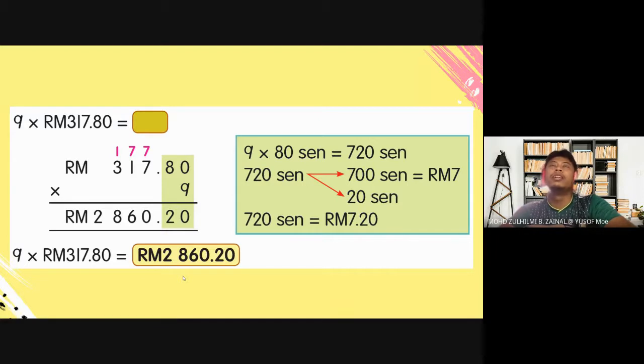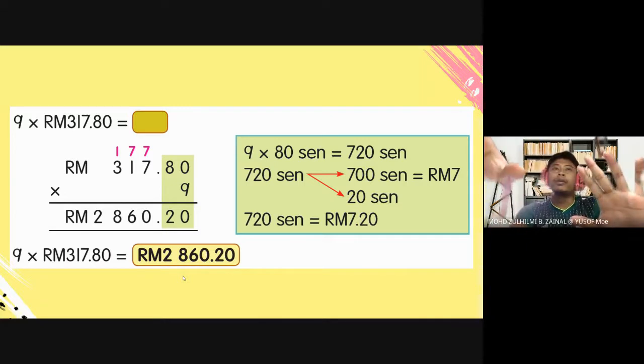We only accept until 99 sen. Okay, after 100, it is called RM1. So 100 sen is RM1. Ingat tu. So 720 sen means RM7.20.